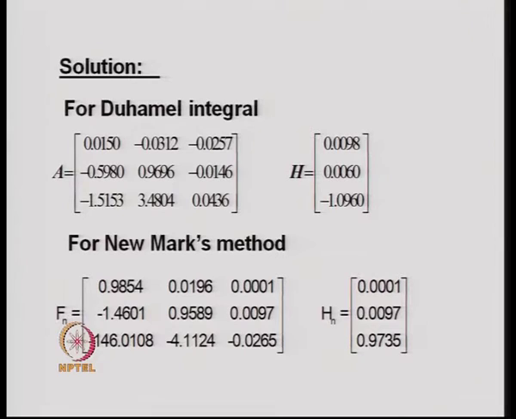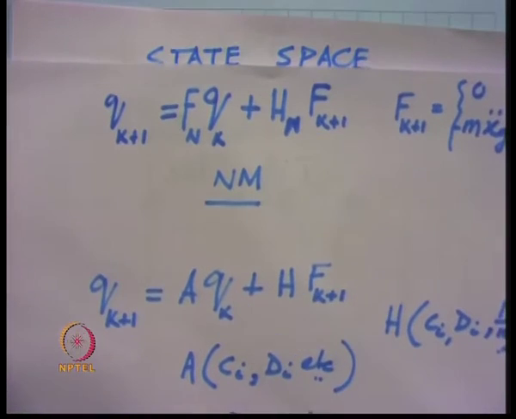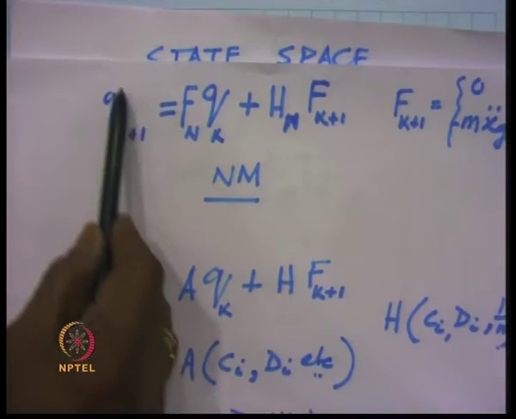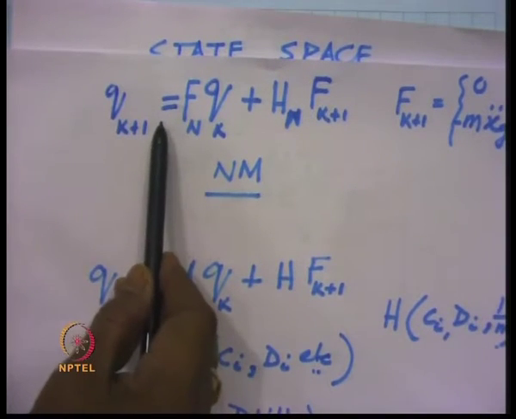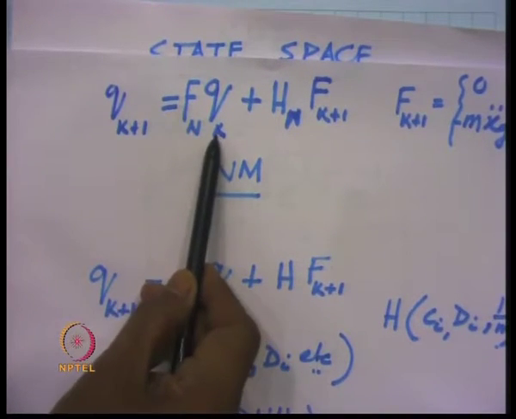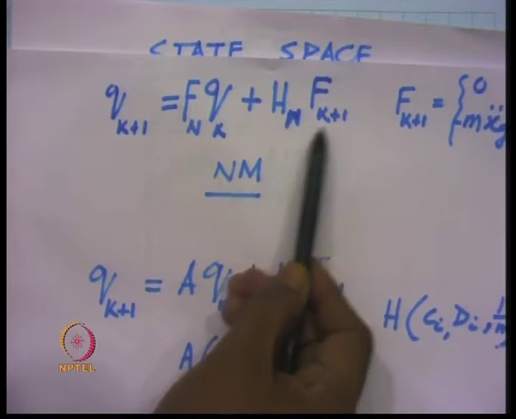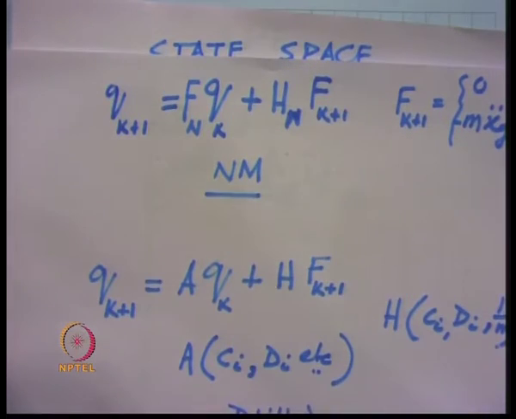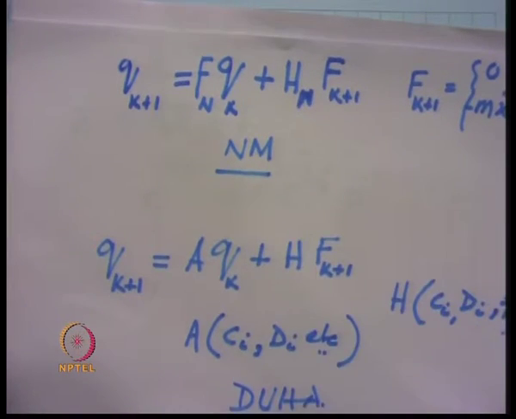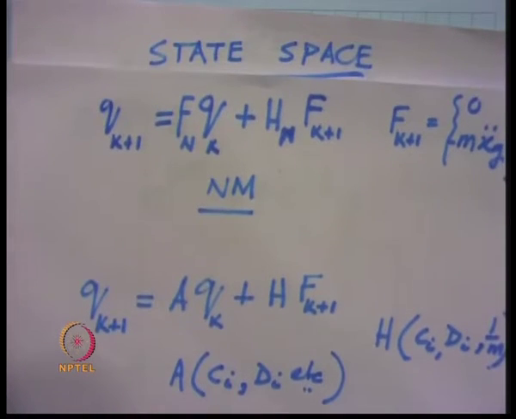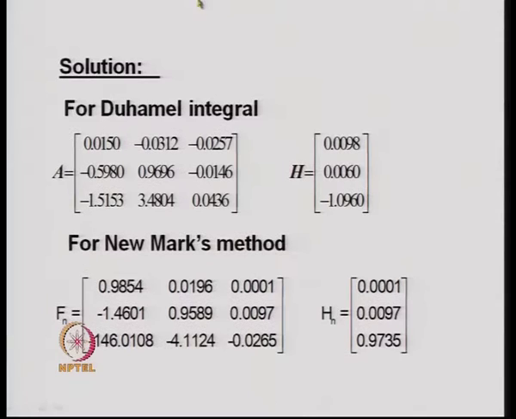For recapitulation, we use q k plus 1 is equal to F n multiplied by q k and H n multiplied by f k plus 1. F k plus 1 is known, that is for the Newmark's beta method, and for the Duhamel integral we have A multiplied by q k. So, this A matrix is the matrix which is given here in the solution.